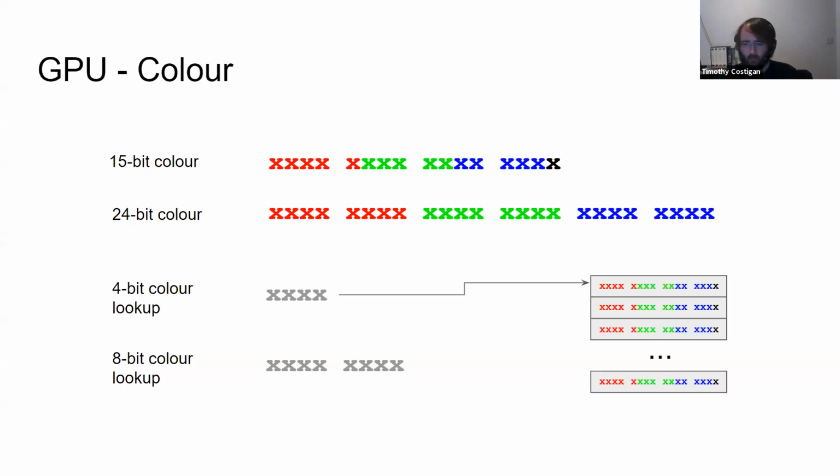And how this works is you would store in your frame buffer a one-dimensional texture, which would have all of the 15-bit colors that you intended to use in that texture. And when you would then use that texture, you would use that index to select the correct color from that palette. It didn't mean that you only had 8-bit colors. It just meant that you could only have 256 15-bit colors.